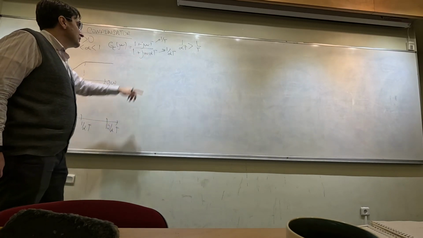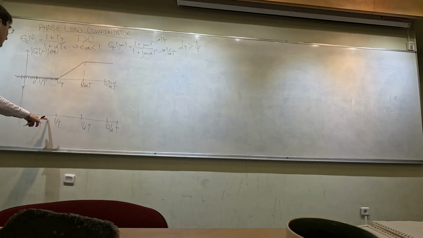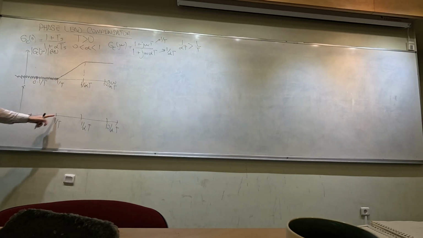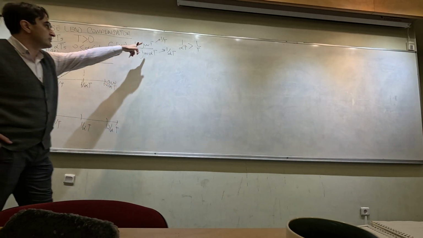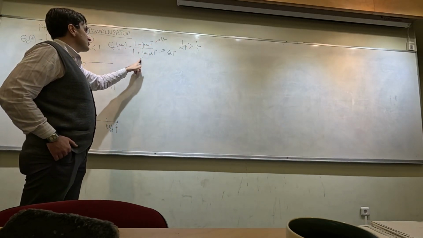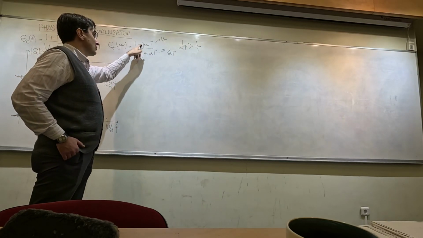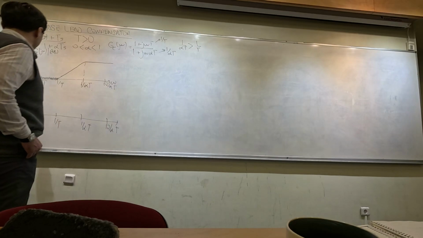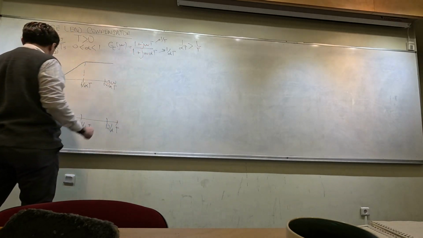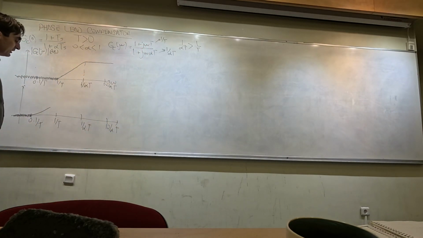Okay? So when the frequency approaches the corner frequency 1 over T, since we are still much smaller than the corner frequency of the denominator, the phase is going to start increasing due to the numerator term. Okay?